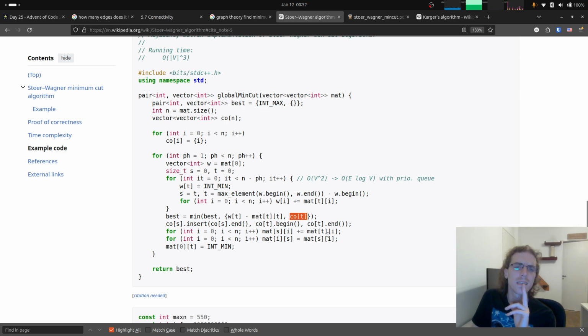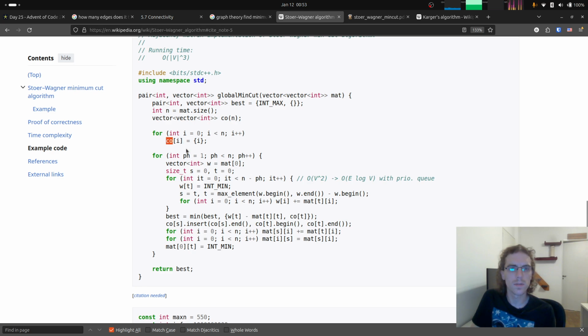We have the S and T nodes, but we don't keep the edges that were cut, right? We get the S and T nodes, I think. Co, I guess it's like column or something like that. It's a vector of vectors also.